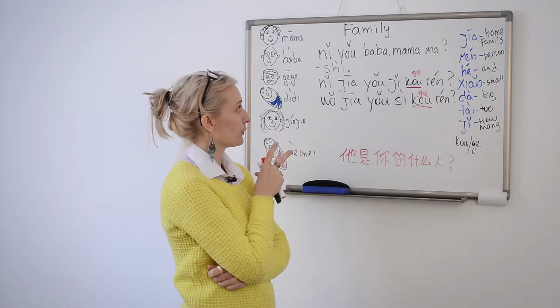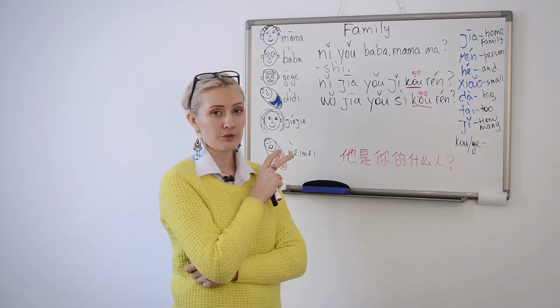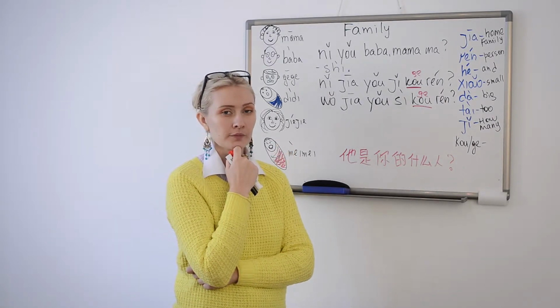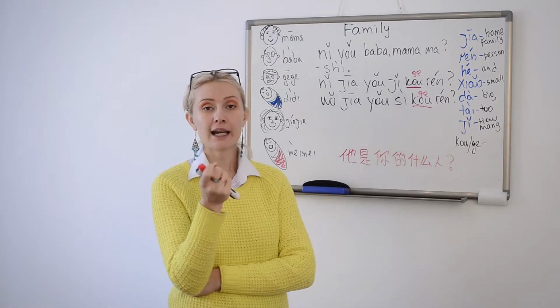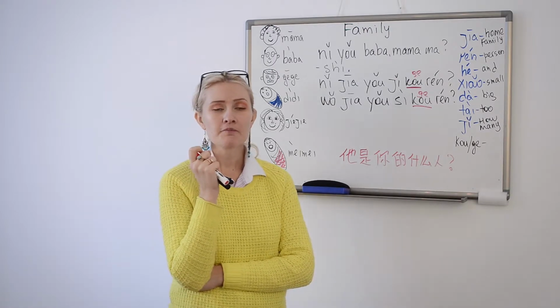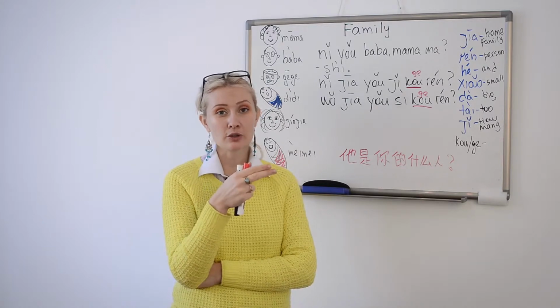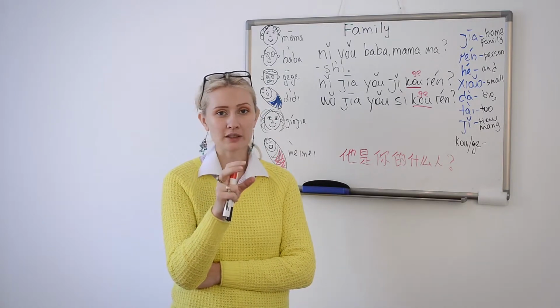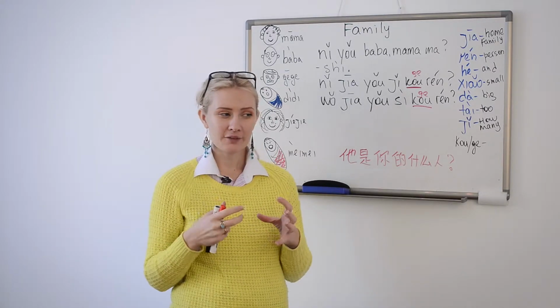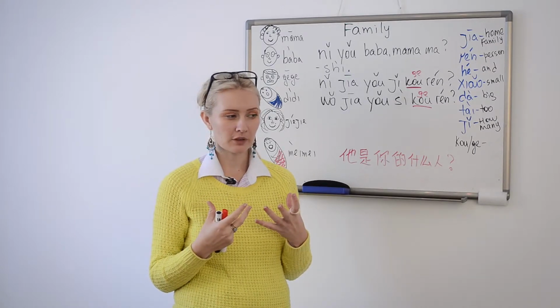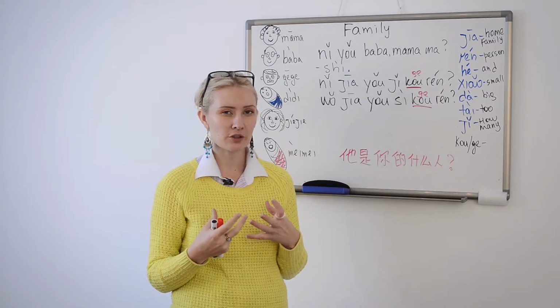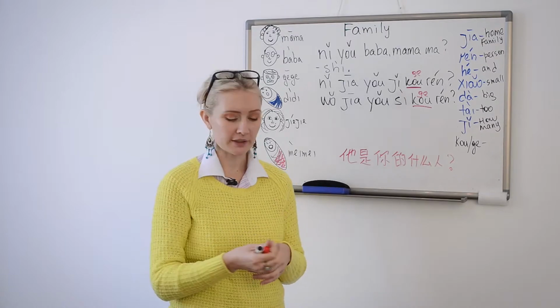Look on our whiteboard and try to think how to do that. Of course, you will have to double the verb. You can use only 有 without doubling, but you will have a feeling that the sentence is not full. So it's better to double it.